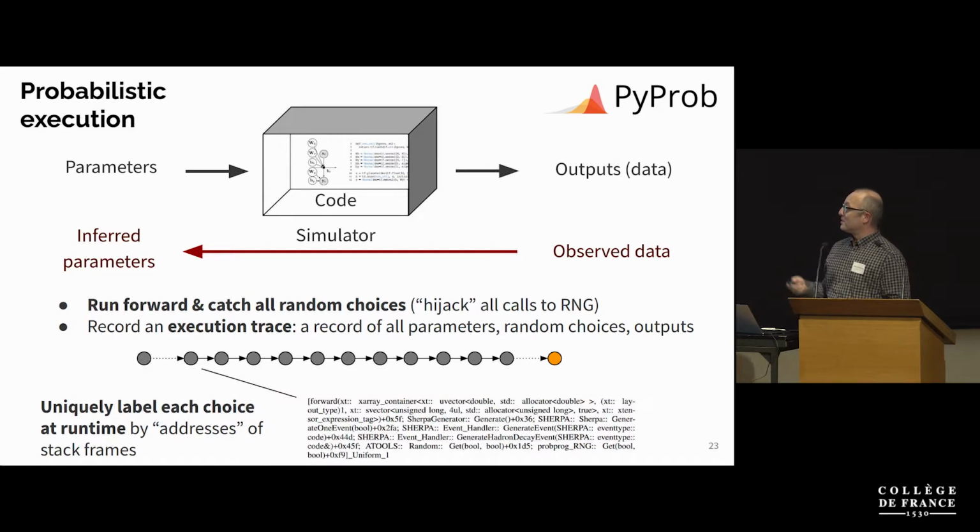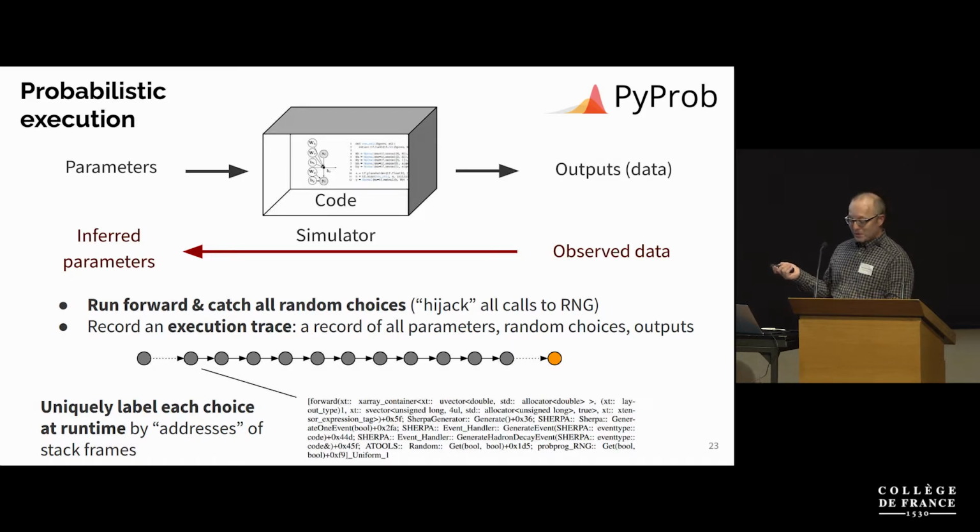So there is this addressing concept. I won't go into that because it's a bit of a lost cause when you have limited time in the talk to explain how to do the addressing and uniquely labeling each random choice in a simulator. But if people are interested, we can talk about that. Here I have an example. This is in C++.